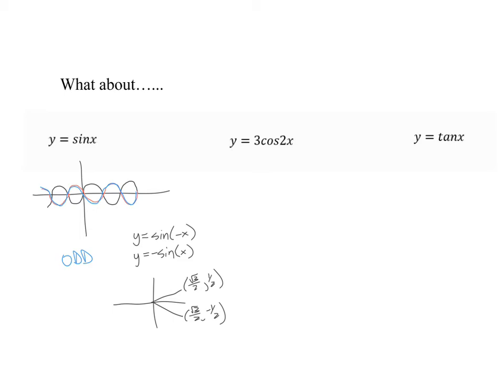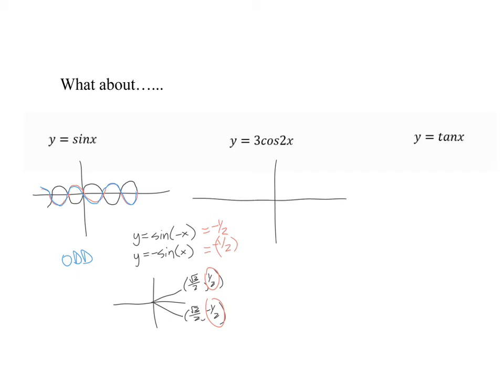So if we plug those into our formula, they should be the same. The top one is sine of negative 30 degrees. That's our bottom coordinate, that's negative 1/2. The second one is saying, let's just go negative of whatever that coordinate is. So it'd be like negative brackets 1/2, which are the same thing. So it does work, but it's a little bit more complicated where we have to use the unit circle or trig identities to prove it. So probably for trig, the simplest way is just look at the graphs and try to figure it out that way.